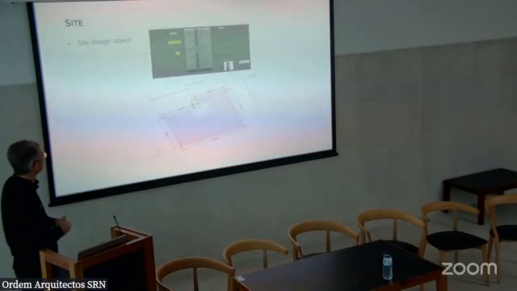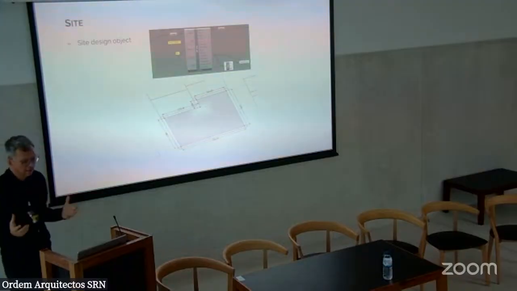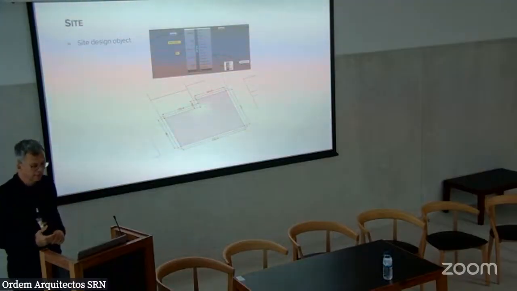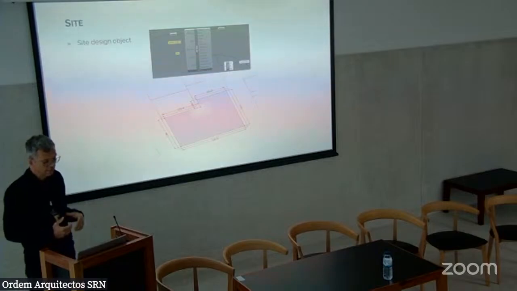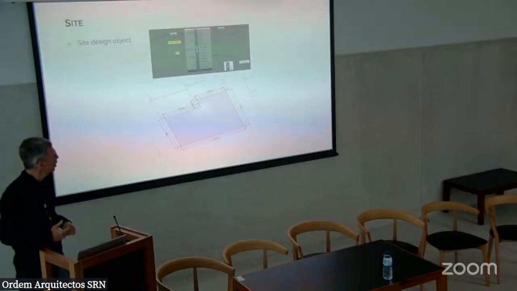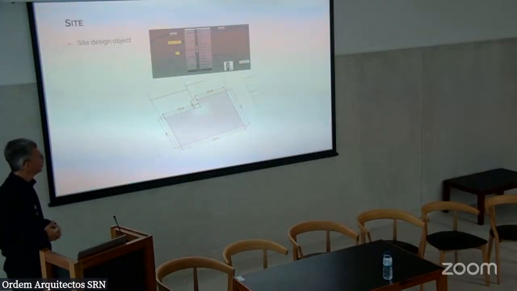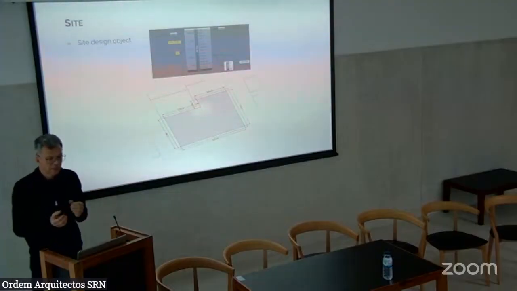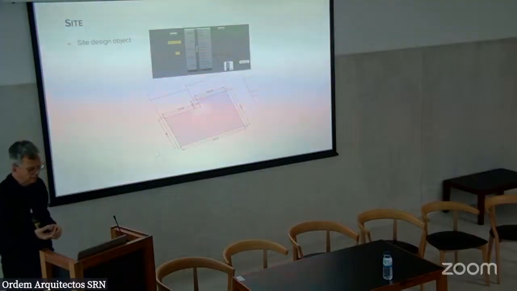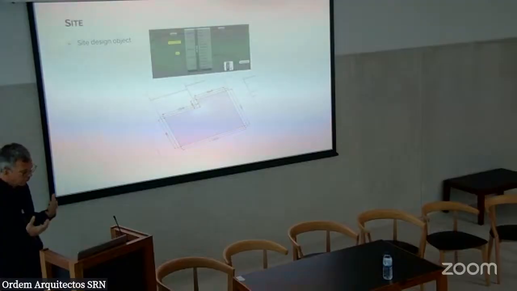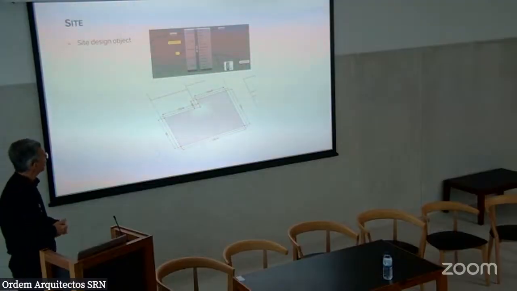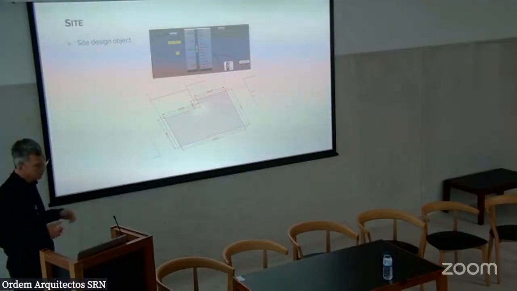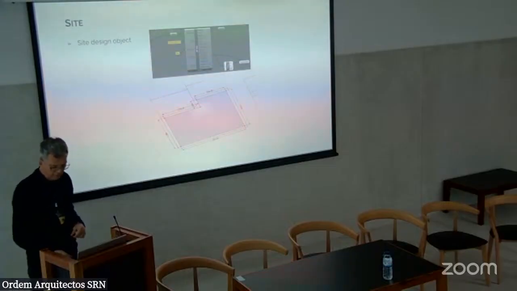So starting with the site, there's a component in Grasshopper that defines the site design object and takes a number of input parameters and has a pattern or an algorithm inside of it that will create this particular site.